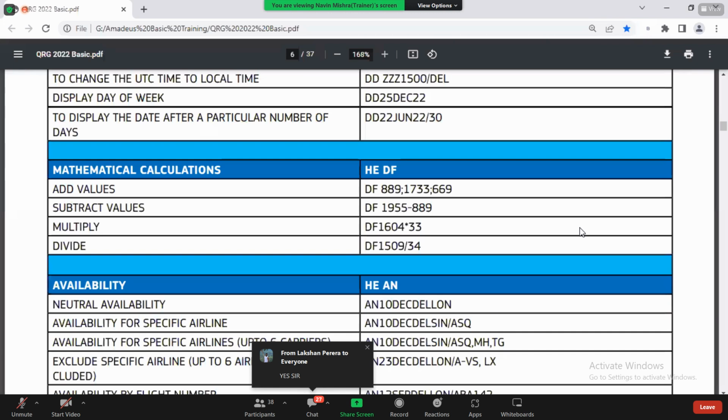Apart from this DF command, we are moving towards our new topic. Before moving to the new topic, I wanted to know, is there any confusion? Are there any questions that you want to ask? Please feel free to share or ask the question so that I can start.